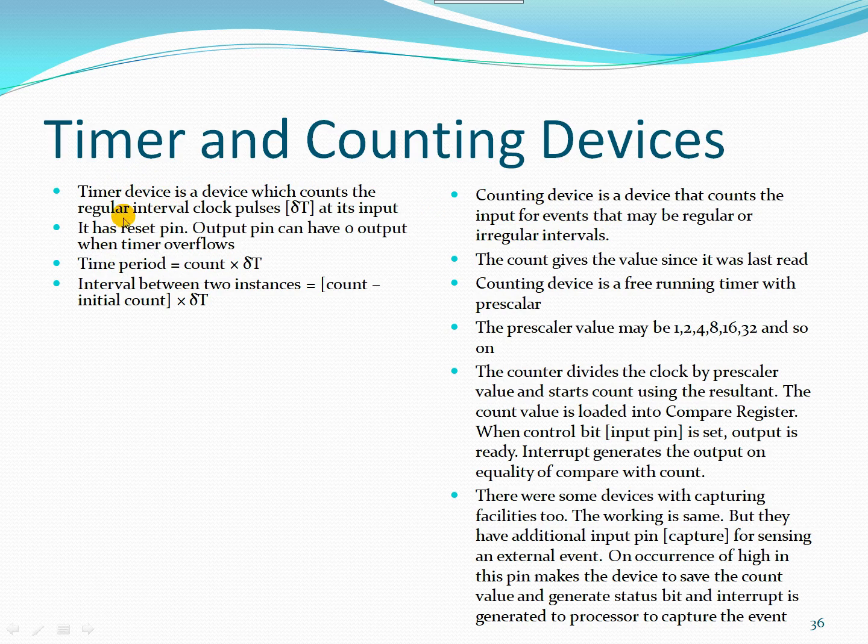But in the timer, we will only have the regular type of interval clock pulses, whereas here we may have irregular intervals too, because the counter devices may be dealing with regular or irregular types of applications. So those applications can be met by these counting devices. So count gives the value since it was last read.